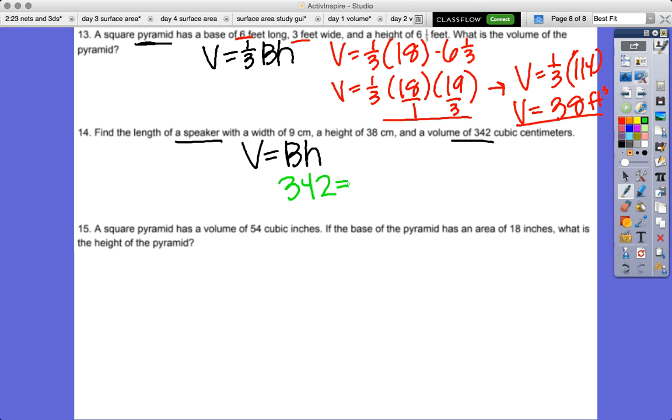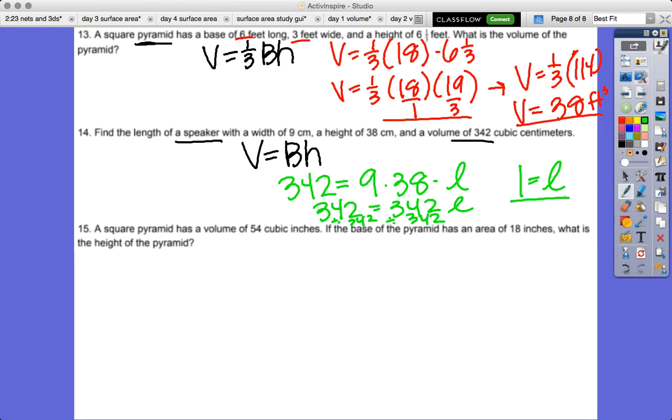We don't have the length of the base, so we're just going to say 9 times 38 times length. So 9 times 38 is going to give you 342. So you're going to divide by 342 on both sides. And 342 divided by 342 gives you 1 for the length.